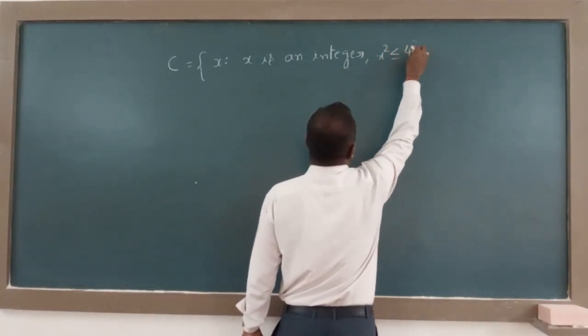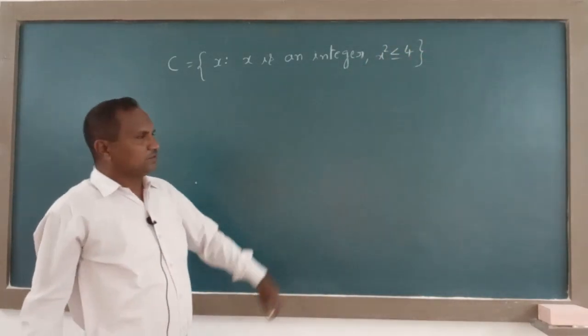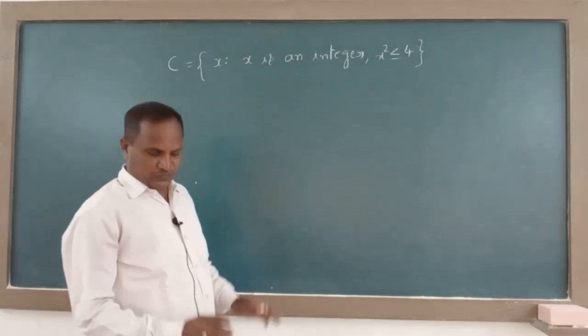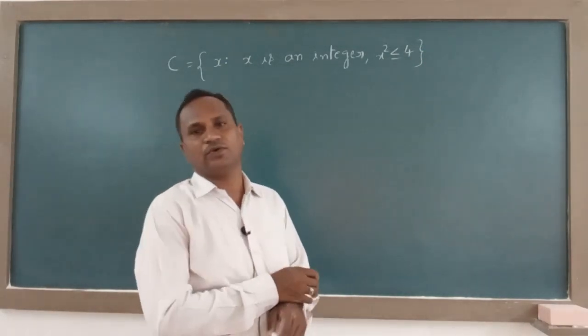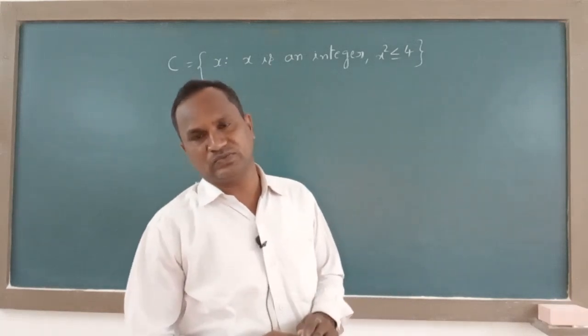X square less than or equal to 4 means first we must equate x square is equal to 4, so x is equal to plus or minus 2.